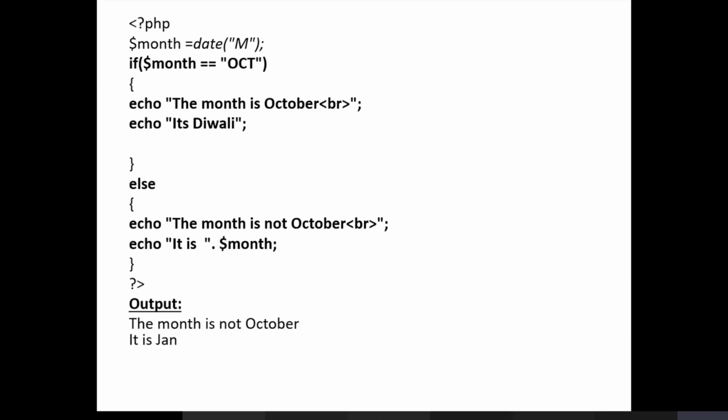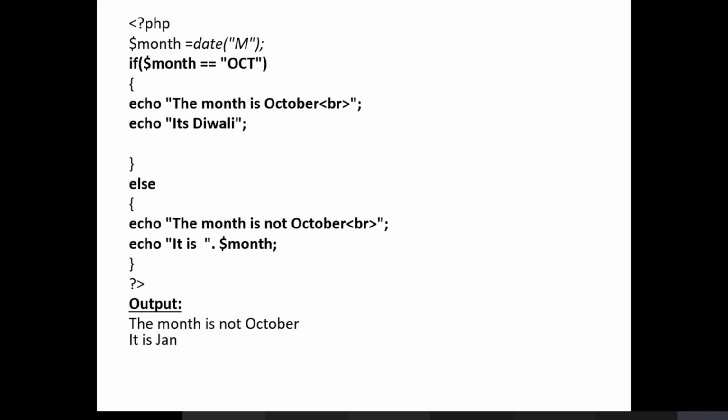We have another program in which month equals date M, and we have the condition month double equals OCT. In the code we have multiple statements: echo the month is October, echo it's Diwali. So multiple statements are there, and we have used parentheses over here.